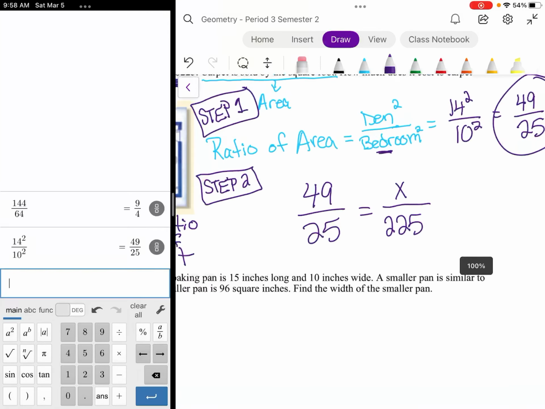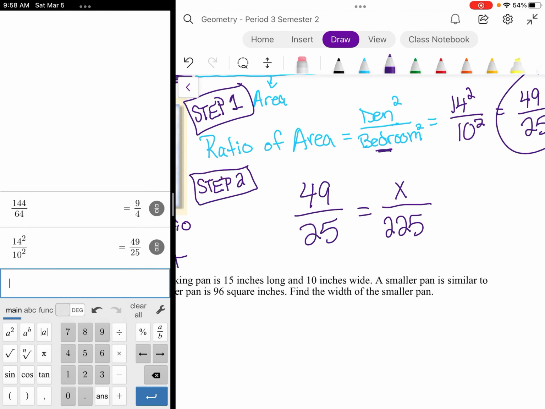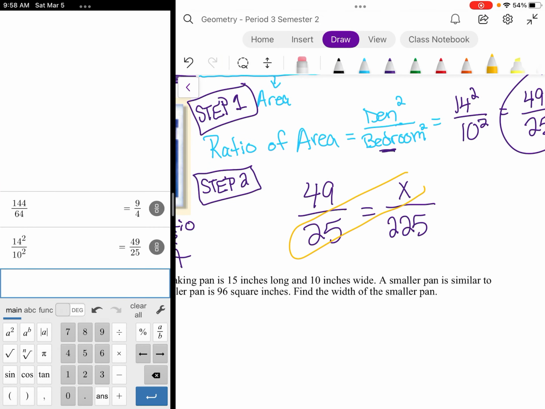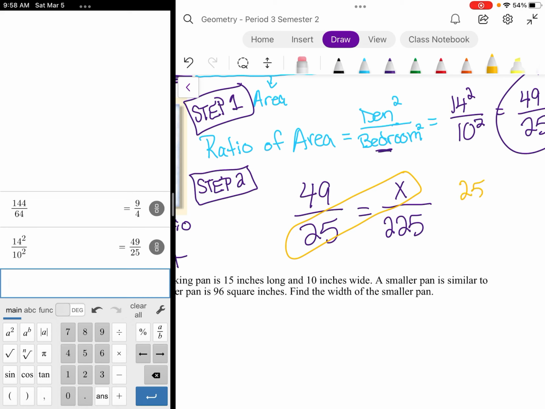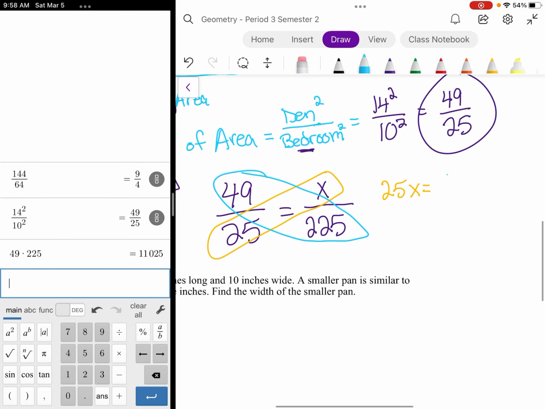Once we have this set up, we can solve by cross multiplying. So we're going to end up with 25x equals, then we would take 49 times 225 equals 11,025.